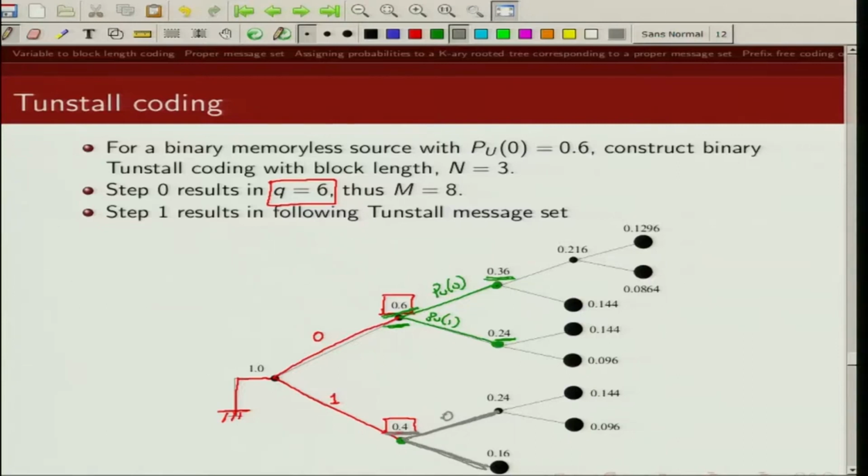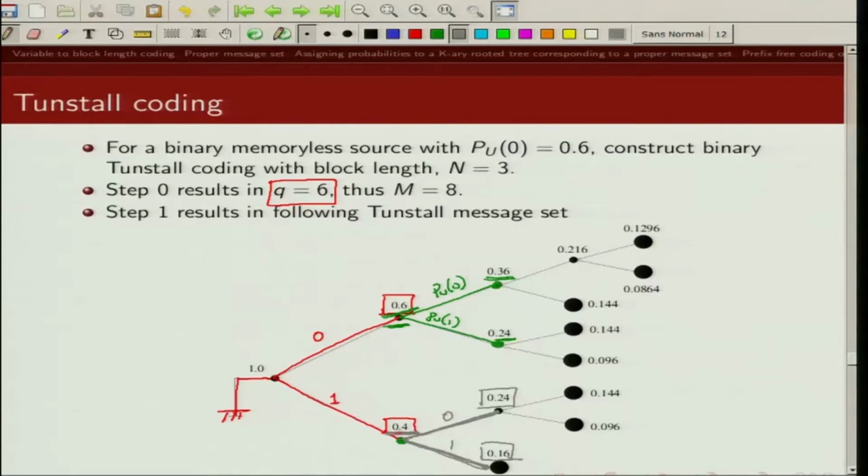This corresponds to letter 0, this corresponds to letter 1, and these probabilities we can compute similarly. It is 0.4 into 0.6, which is 0.24, and 0.4 into 0.4, which is 0.16. So this is now the second extension of the extended root.